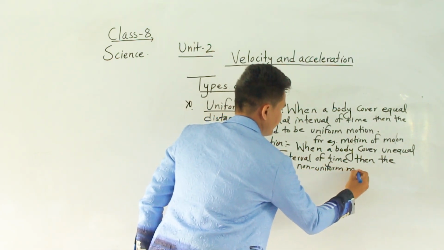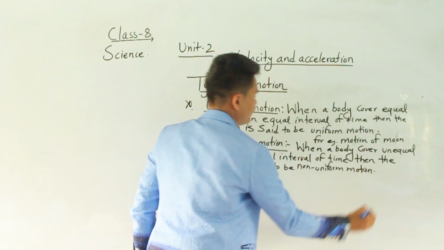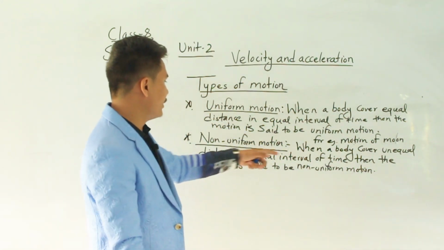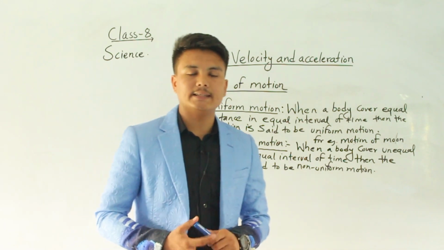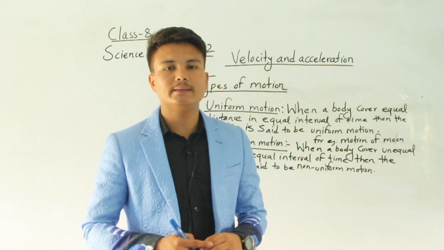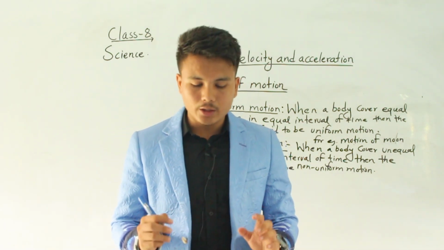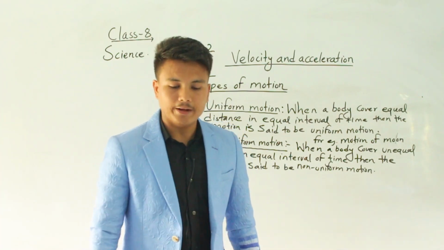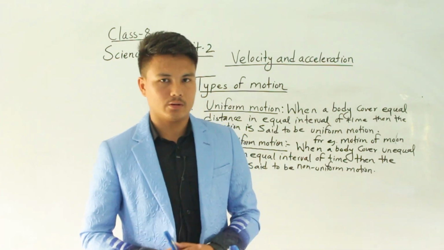Clear all of you? When a body covers unequal distance in equal interval of time, then that type of motion is called non-uniform motion. For example, a car moving on a road.